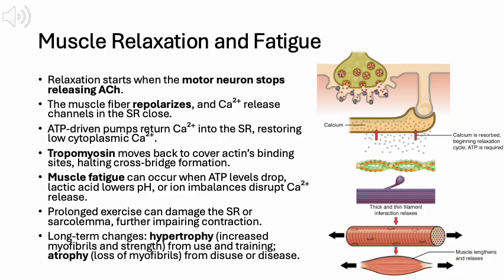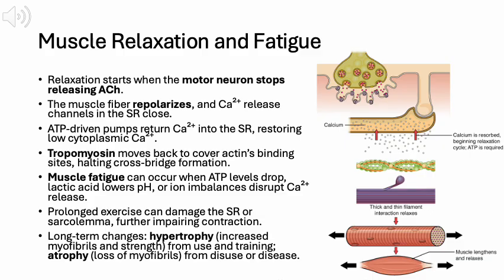Relaxation begins when motor neurons stop releasing acetylcholine, ending the signal. The sarcolemma repolarizes, calcium channels in the sarcoplasmic reticulum close, and calcium is pumped back into storage using ATP. Without calcium in the sarcoplasm, tropomyosin moves to cover actin's binding sites, preventing further cross-bridge formation.